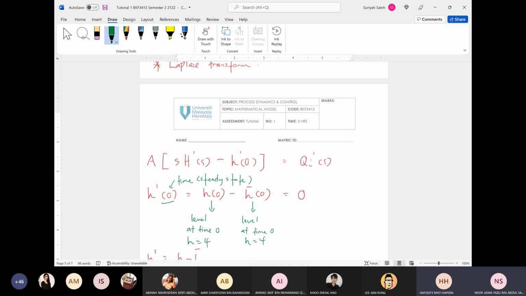Because the state refers to time equal to 0, in other words, the H and the H bar 0 refer to the same starting point. So this represents the same state and then you can neglect it.